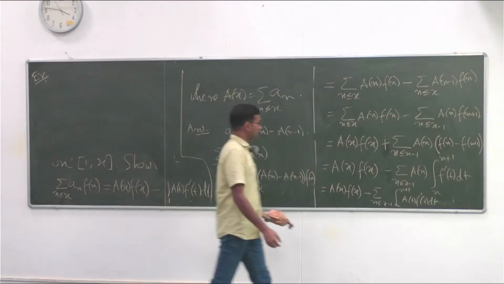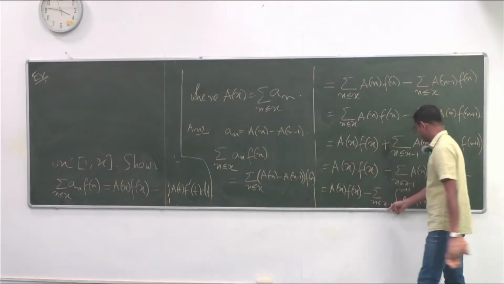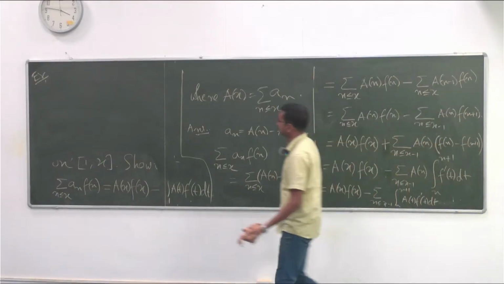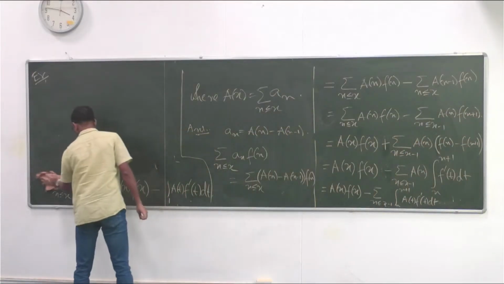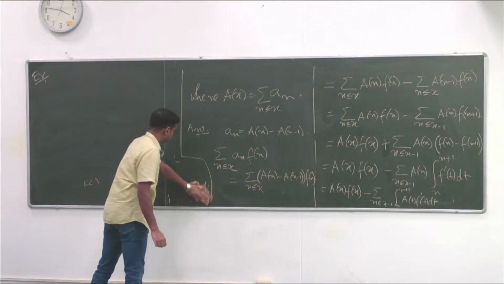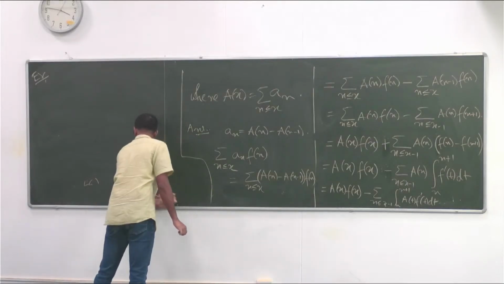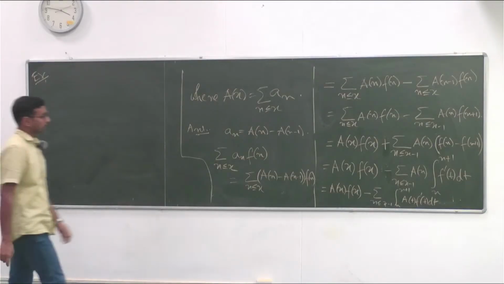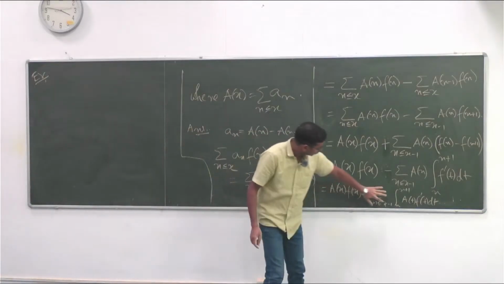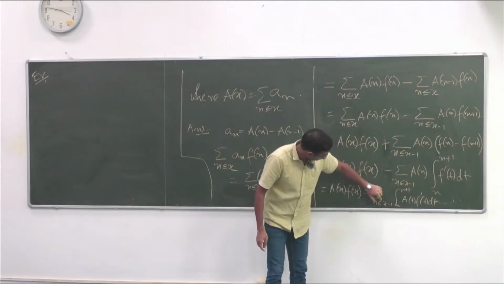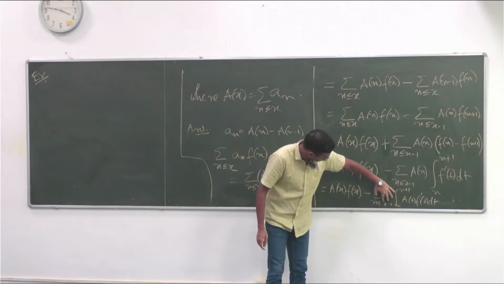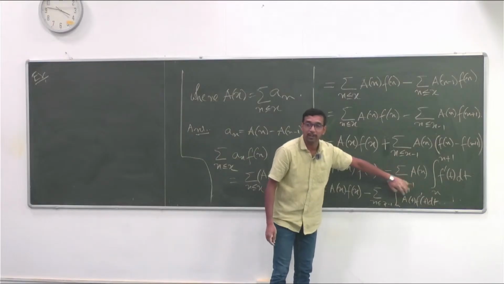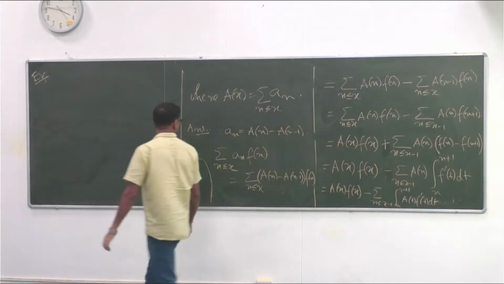Now if x would have been an integer, this already settles the claim, because if you club up all these intervals, this was up to n less than or equal to x minus 1, and this is going up to n plus 1. So this is running up to x.